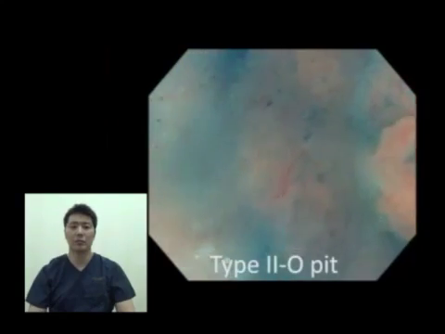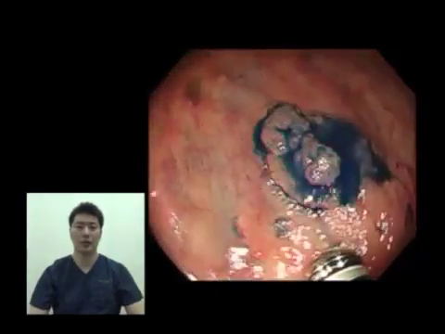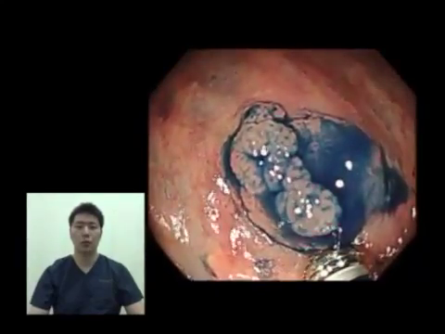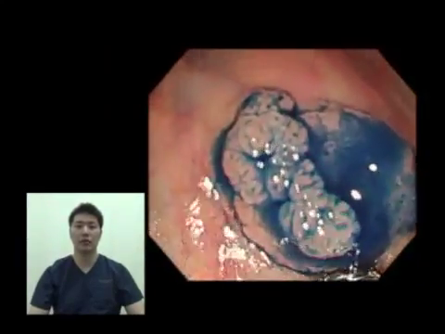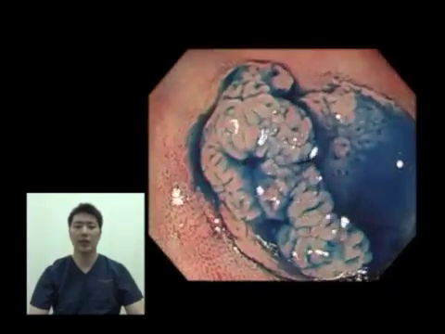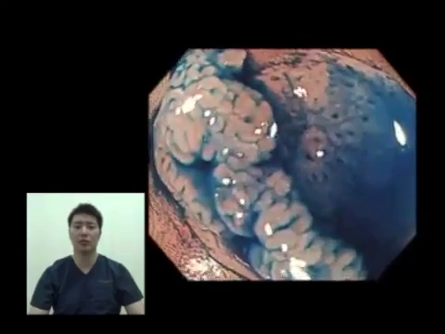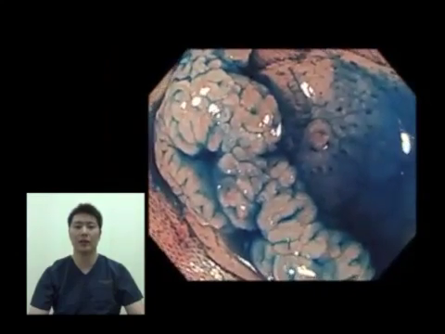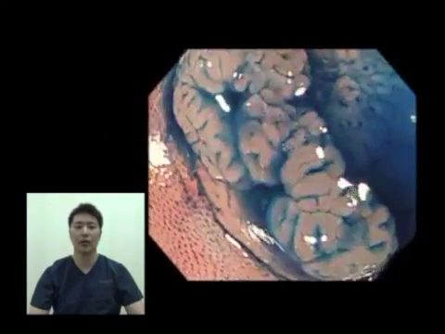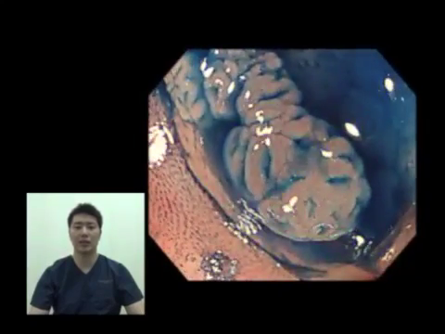By using this method, we can diagnose type 2 open pit pattern. However, because we are unable to diagnose a portion of the lesion sufficiently, we then carry out minimal washing to remove some of the mucus and observe the lesion again. By doing so, we are then able to diagnose type 4 pit pattern in the lesion.